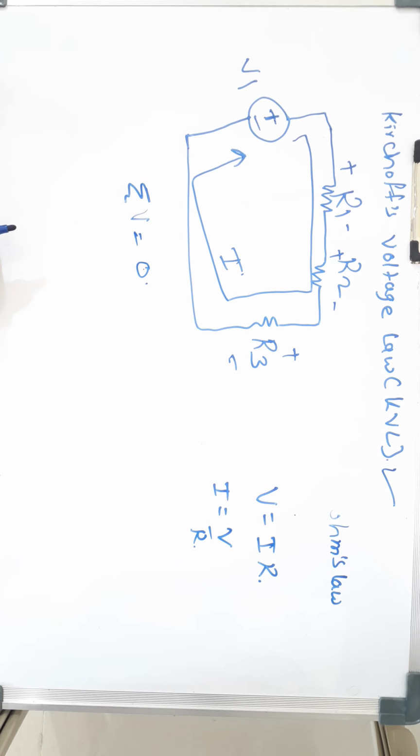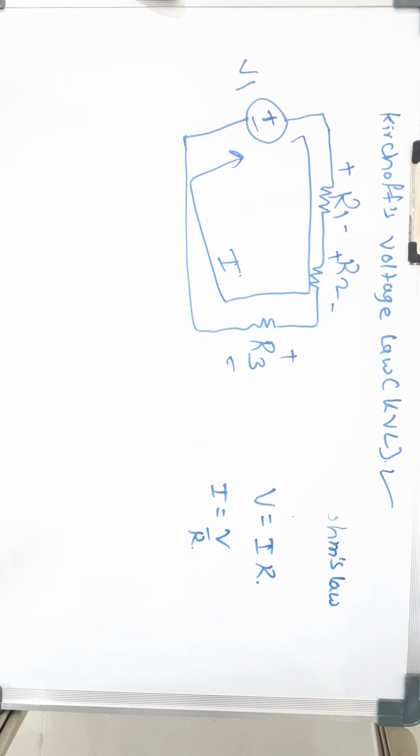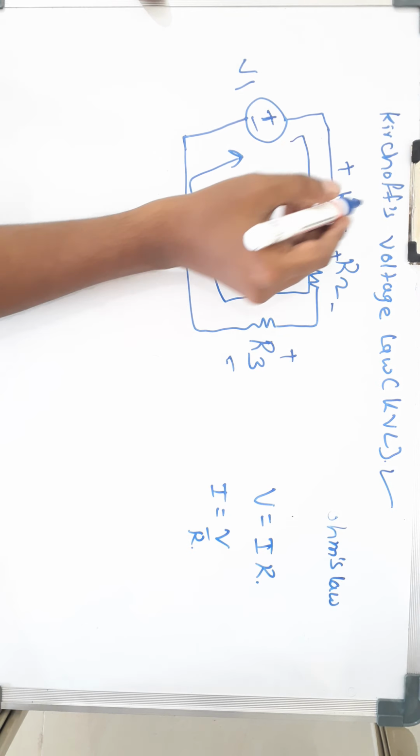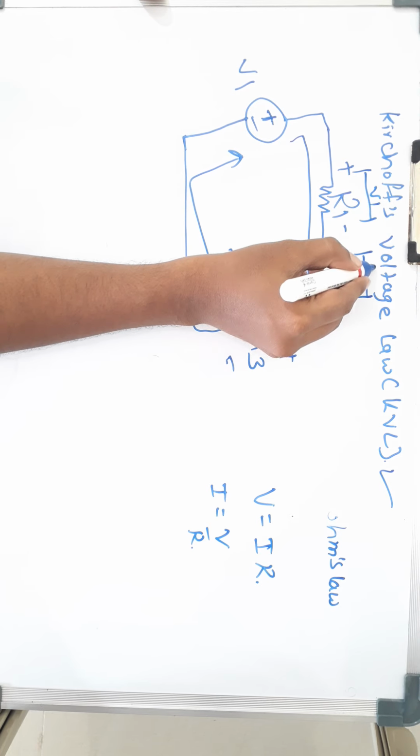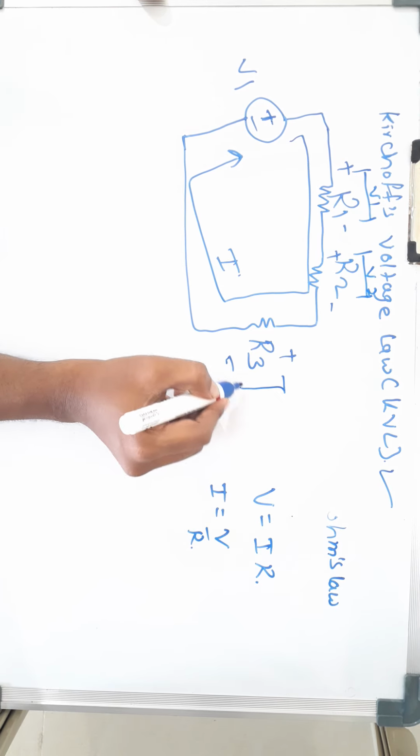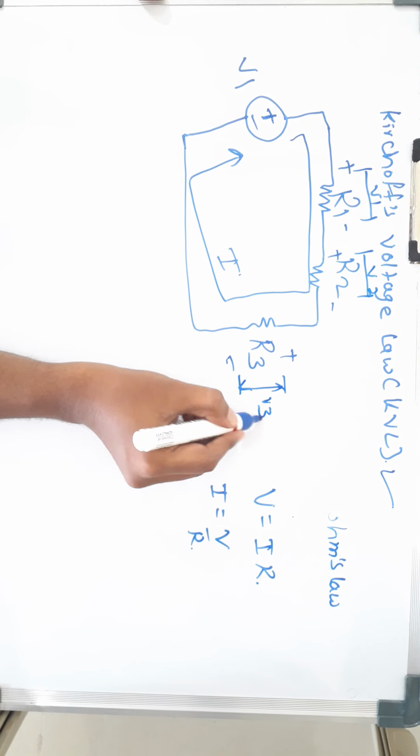Kirchhoff's voltage law tells that the algebraic sum of voltage around a closed loop must be equal to 0. So here we will start writing. The voltage drop across R1 is V1, across R2 is V2 and across R3 is V3.